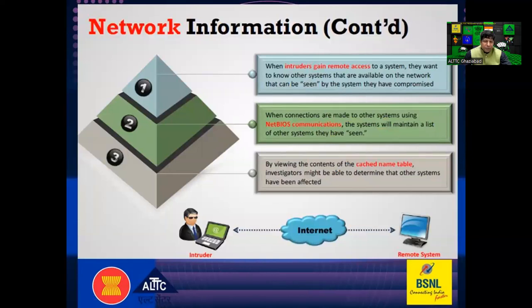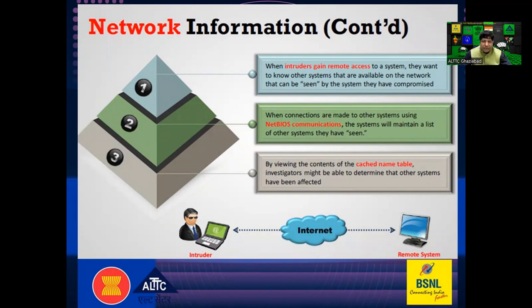Next is the network information. First, when the intruder gains remote access to a system, they want to know other systems that are available on the network that can be seen by the system they have compromised.